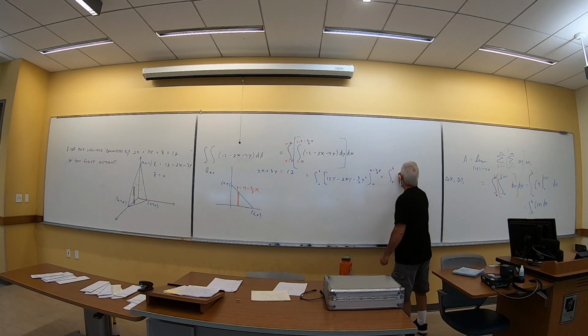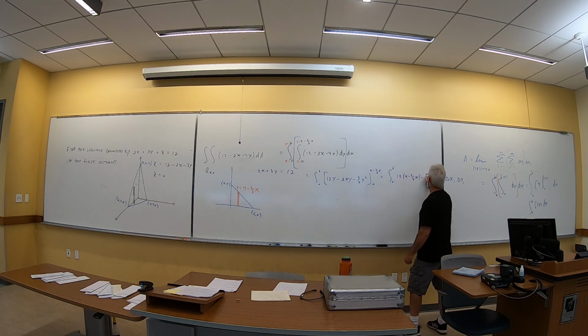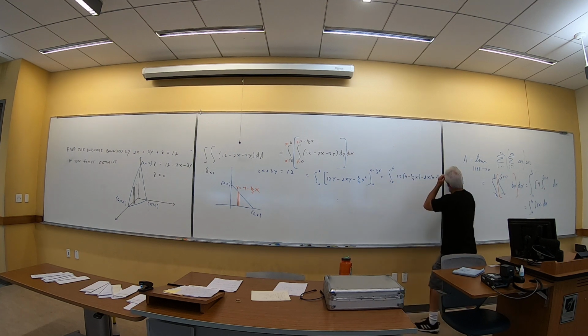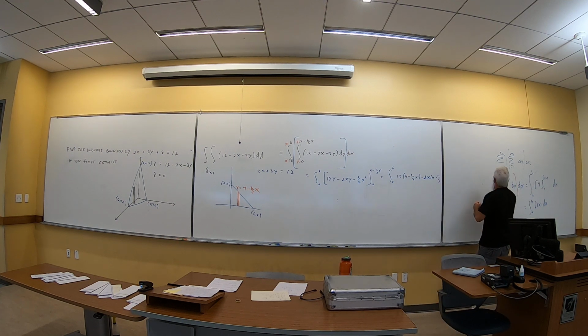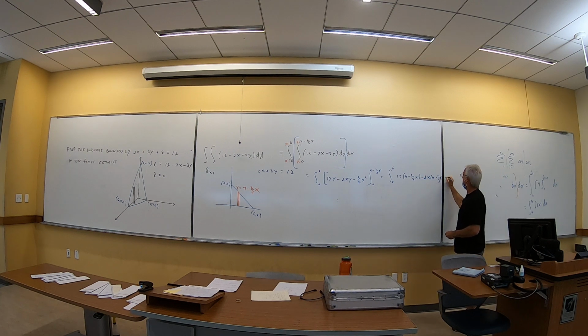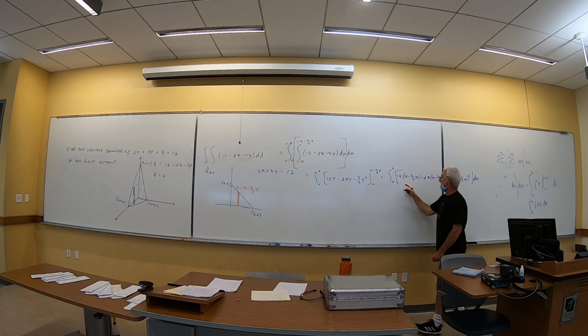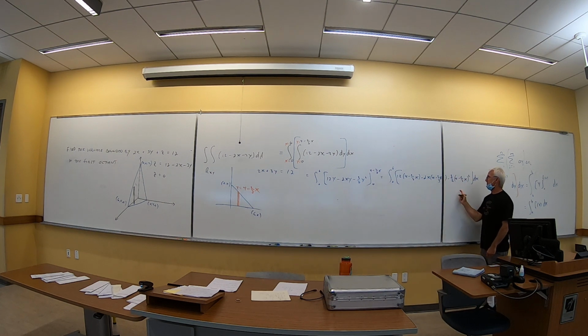Okay, I'll write it out. I've got 12 times 4 minus 2/3 x, minus 2x times 4 minus 2/3 x, minus 3/2 times 4 minus 2/3 x quantity squared, all dx. Now, I can distribute, I can square this, and I can gather like terms, but I'm not going to write integral equals integral equals integral while I'm doing all this algebra.